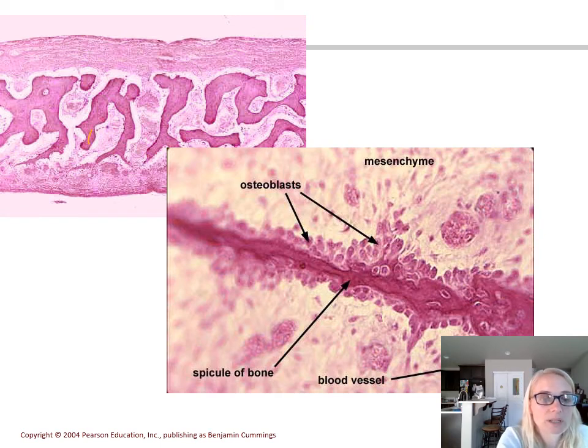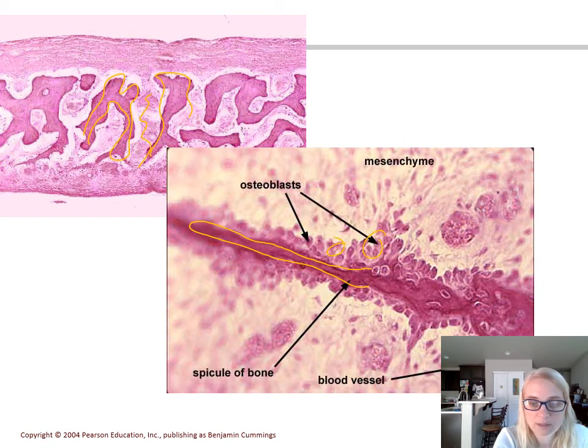Here we can see all the little spicules of bone, kind of random shapes. And then inside, that's going to be the bone marrow. Here is your spicule of bone, super close up. Osteoblasts are laying down bone, so the bone will be growing out in these directions as those osteoblasts lay down their bone.